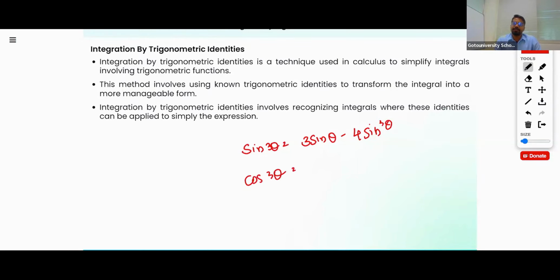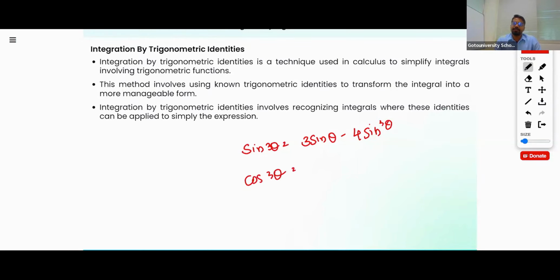Why? Because one thing we know, sine square theta plus cos square theta is equal to 1, right? Another thing is 2 times sine theta into cos theta is equal to sine 2 theta. In this problem, theta became x by 4, so 2 theta became x by 2.